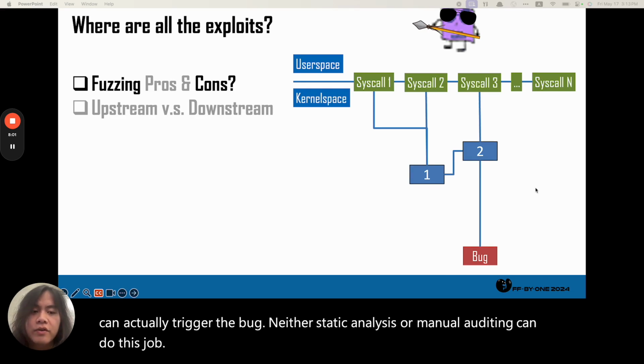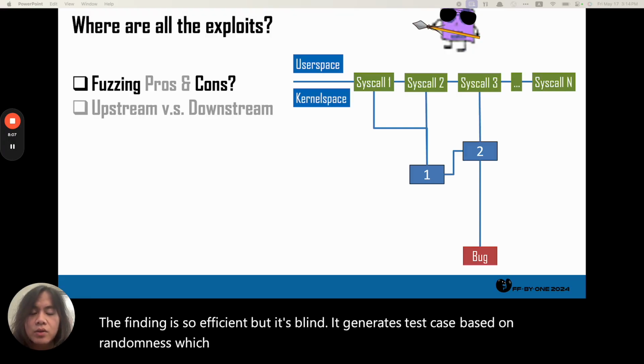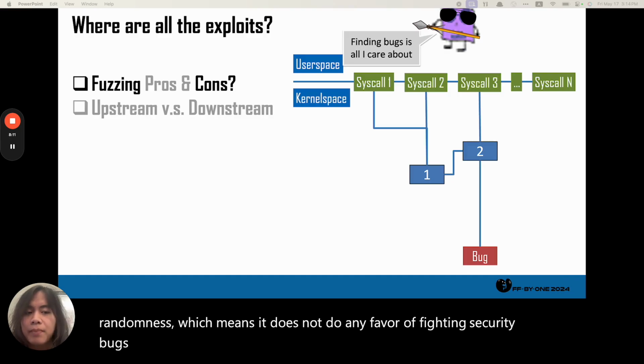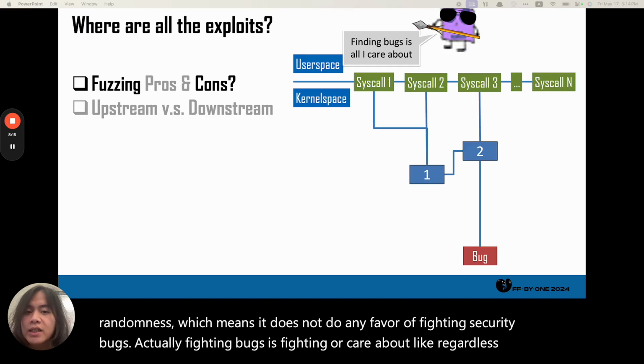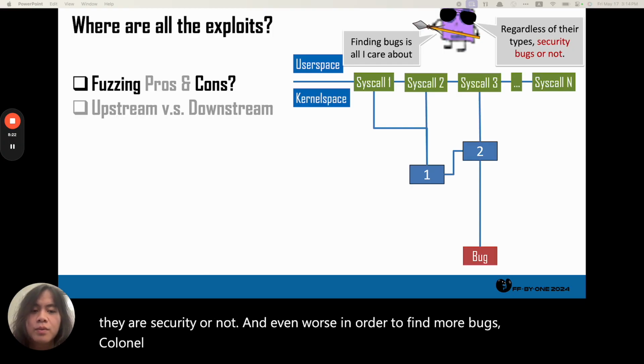So fuzzing is so efficient, but it's blind. It generates test cases based on randomness, which means it does not favor finding security bugs. Actually, finding bugs is all fuzzing cares about, regardless of whether they are security bugs or not. And even worse, in order to find more bugs, kernel fuzzers are developed and deployed with root privilege.